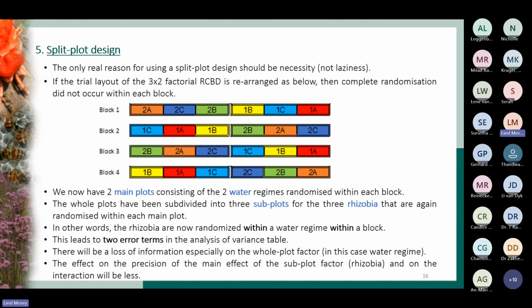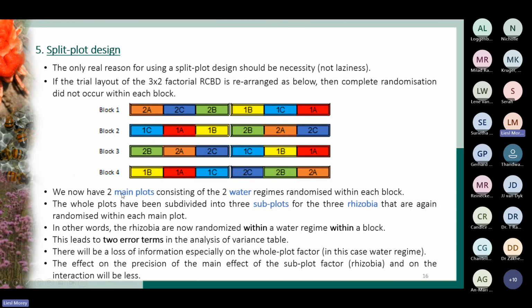If we take that exact example that we just had, but now we say it's difficult to randomize the water treatment, we make water our main plot, and then you can see each block has now been subdivided into 2. We randomly allocate the water treatment to the 1 half. So here we have water treatment 1, and within that we randomize the 3 rhizobia. That is done for all 4 the blocks.